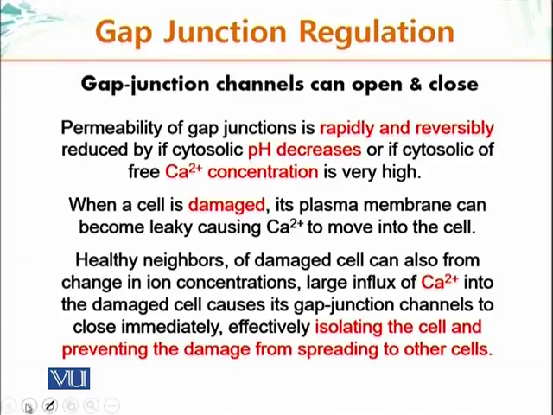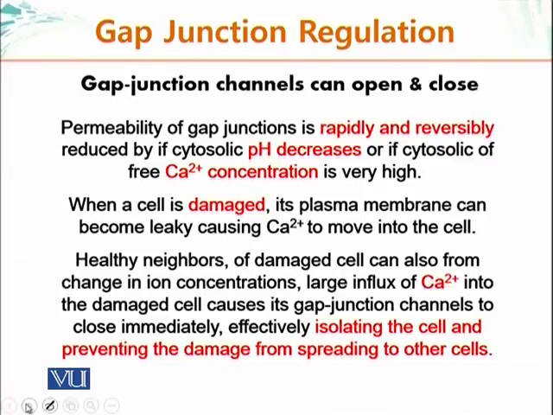Generally, when cells are damaged, they release calcium from the calcium storage unit, which is basically the endoplasmic reticulum. So if a cell has been damaged, in order to protect themselves from the damage, the neighboring cells shut down their gap junctions, so the influx of calcium doesn't enter the neighboring cell.